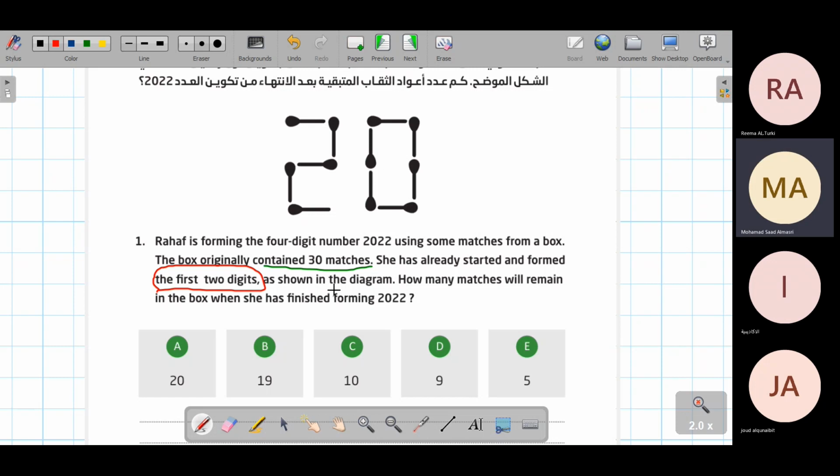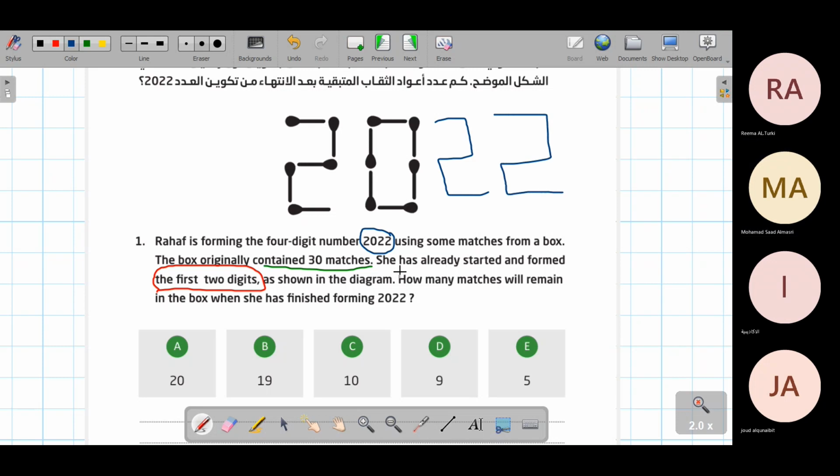We need to continue this number 2022. I want to put here another 2, and of course another 2 here. How many matches do I have, Jude? Not the number 2022, how many matches? 30 matches.